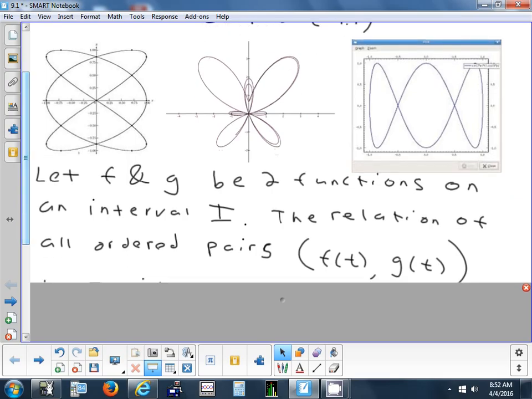The other thing that's different about parametric is there's something we call an interval. Most parametric graphs have a start point and an end point. When we draw functions like lines or parabolas, they go on forever. Parametric graphs do not. They have a beginning and an end. Sometimes it's hard to tell where the beginning and the end is, especially if they're the same point.